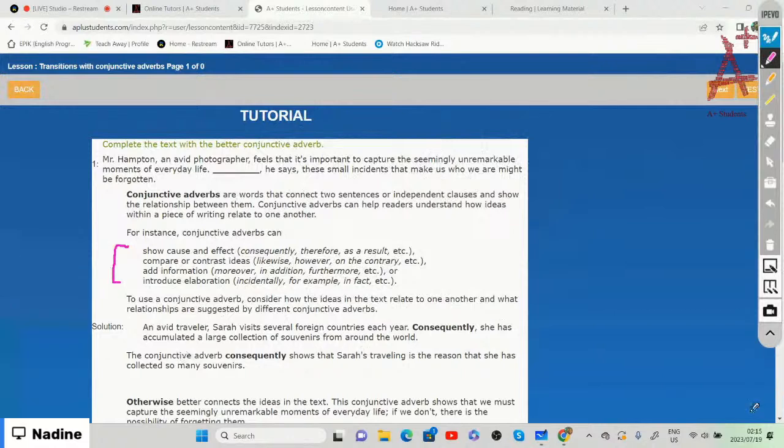And whatever you had just discussed, if you want to further elaborate, if you want to further explain, you want to expand on what you were saying, then you can use words like incidentally. For example, you can even use words like in fact.